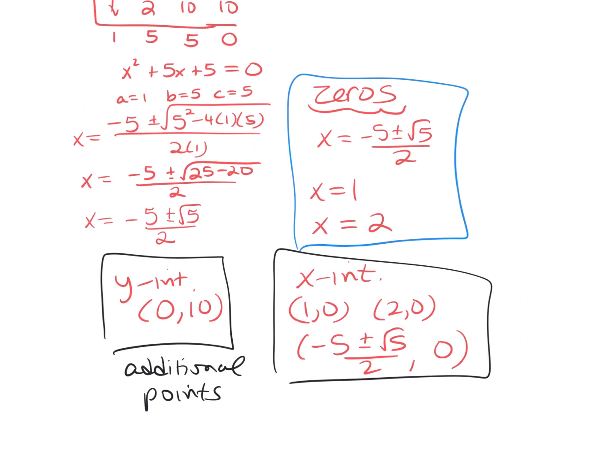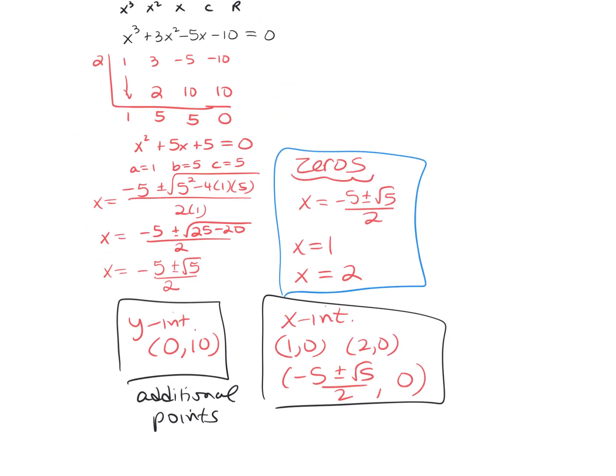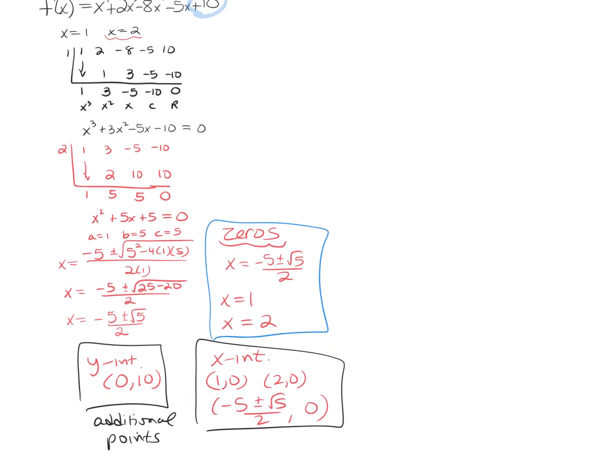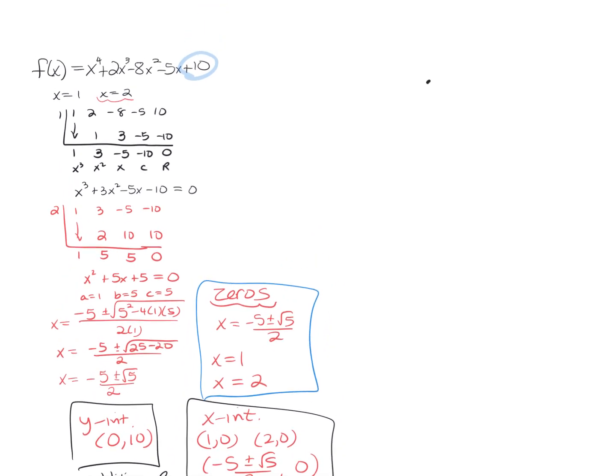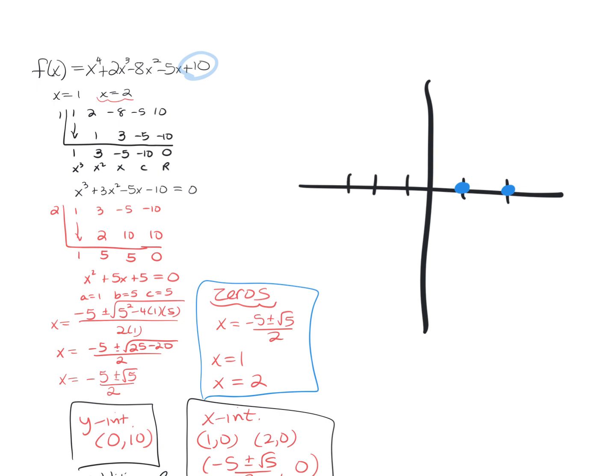So let me just add a graph here. I'm not even going to use boxes. It'll be easier without. Okay, so I had a 0 at 1 and 2. And then we also had these crazy decimals over here, which were the radicals.